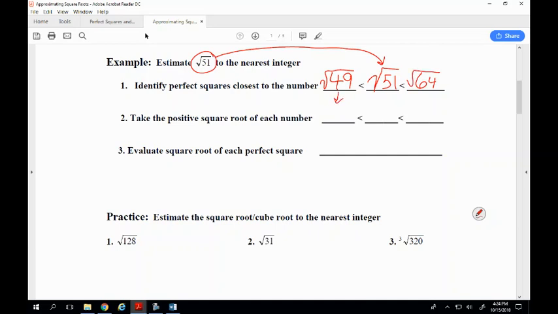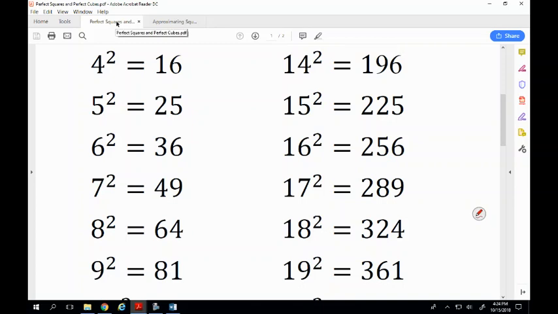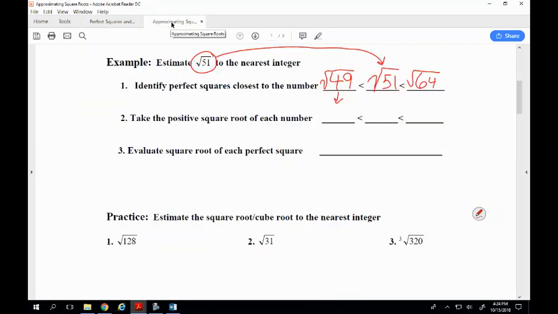So the square root of 49, if you're not sure what it is, again, you don't have a calculator, but you do have that chart, right? So the square root of 49, over here, the number is 7, okay? So we come back, we put a 7 here, all right?